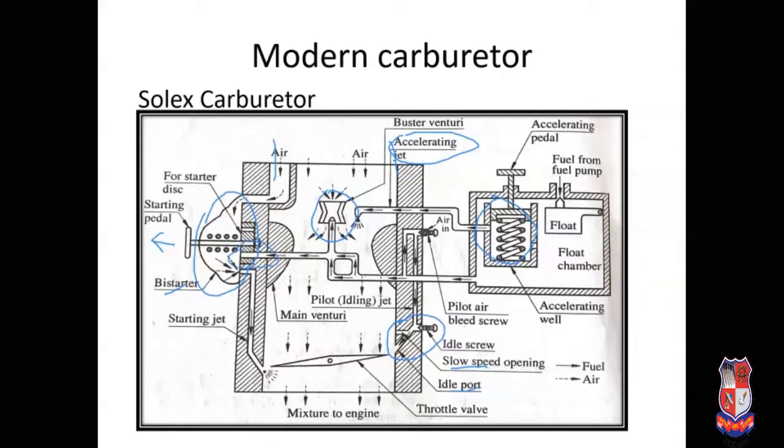More fuel enters from the float chamber to this section, and this additional amount of fuel is supplied to the starting jet below the throttle valve. So fuel quantity is more and air is less, so a rich mixture is supplied during the starting period.